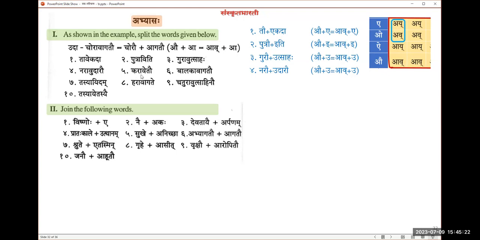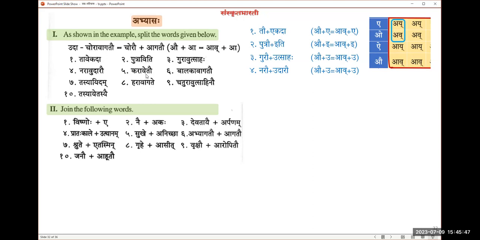Number 5. Karavetau. Again, what is the pattern you see? What is the pattern of Yanta Vanta Desha you see? Ve means no, this A is belonging to this side. So you see Av pattern, right? Yes, sir.